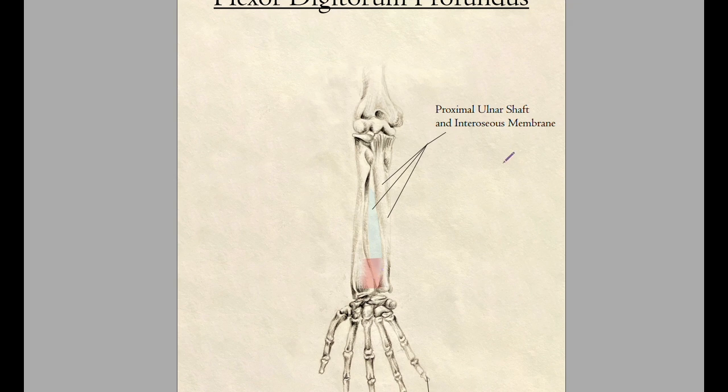The deeper one. Profundus means profound, to be deep. This is a layer above the Pronator Quadratus. It's going to attach to the proximal ulnar shaft and interosseous membrane. So it's going to attach to this ulnar shaft, and since it's a deep muscle, it's also going to attach to this interosseous membrane.